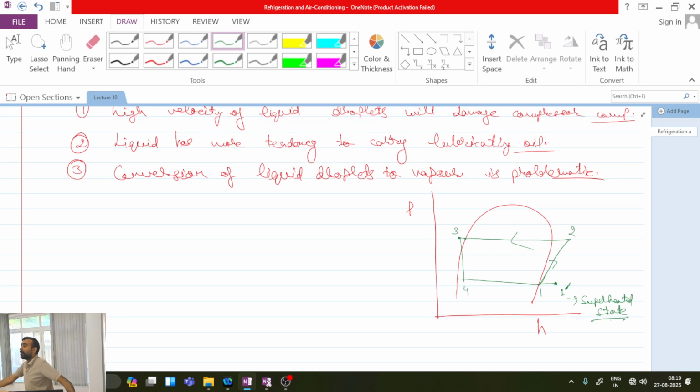Now, how can we do this superheating? One way is to have a slightly bigger evaporator, so it happens within the evaporator only. But sometimes in the evaporator we cannot purely decide this, because within the evaporator there is liquid vapor mass exchange and liquid vapor heat transfer.